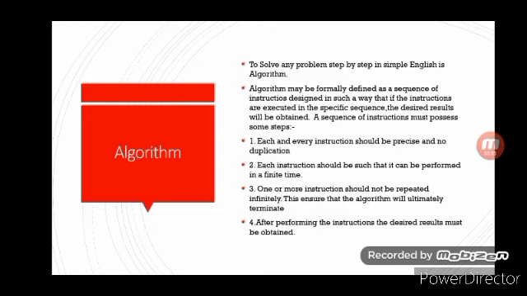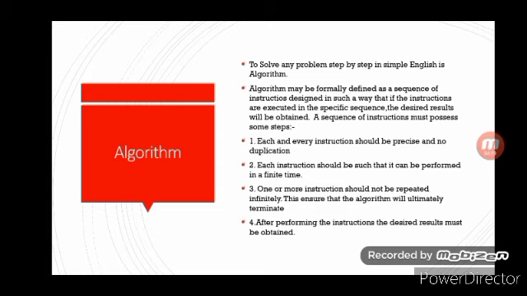Now the third point is, one or more instructions should not be repeated infinitely. That is what I have already told you. This ensures that the algorithm will ultimately terminate. Terminate means stop. So it is very important that the algorithm should stop the process for our results.